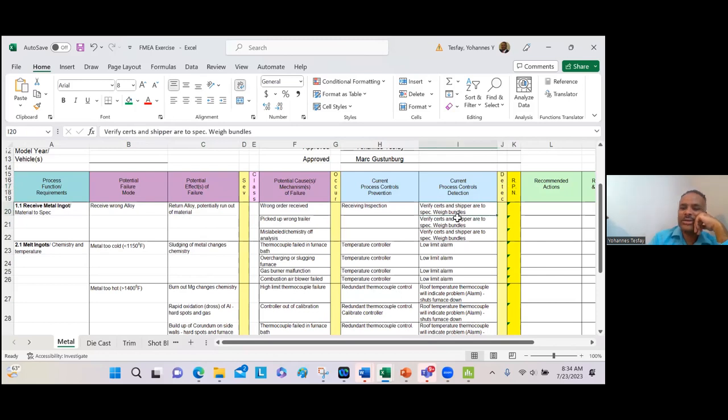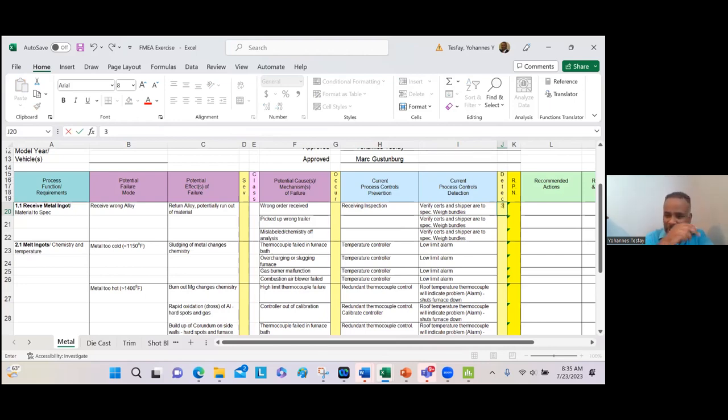How do we know it's the wrong material? There is a material specification, right? We check that at incoming inspection. So does this inspection process detect it or not? If it detects it, this is going to be a 1. If we do 100% inspection; if we don't do 100% inspection, it could be a 3 or 2 on detection.